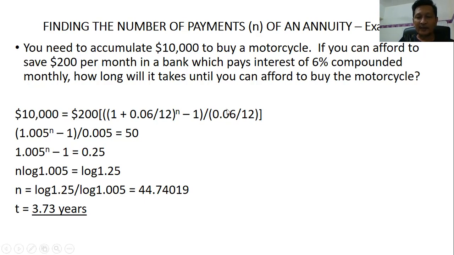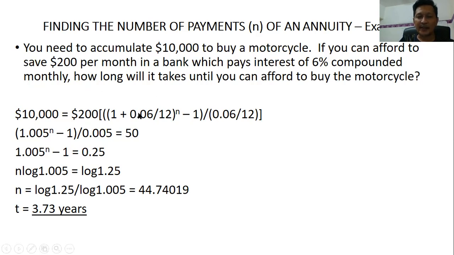So put everything in its proper place. The future value of an annuity is the $10,000 because this is the amount that you need to accumulate, the figure in the future, hence the future value, equals PMT, the amount that you need to put in the bank every month, the $200. So this is your PMT.